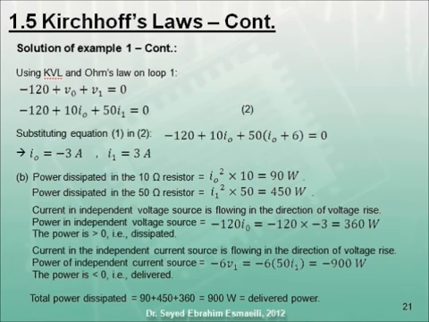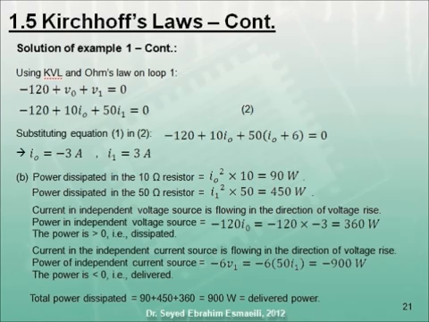We obtain the second equation from Kirchhoff's voltage law in combination with Ohm's law. Noting from Ohm's law that V0 is equal to 10 I0 and V1 is equal to 50 I1, we sum the voltages around loop 1 to obtain minus 120 plus V0 plus V1 equals 0, or minus 120 plus 10 I0 plus 50 I1 equals 0.